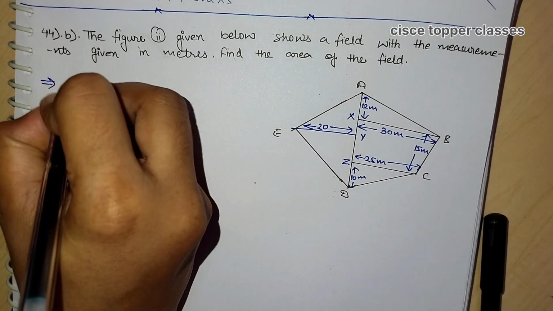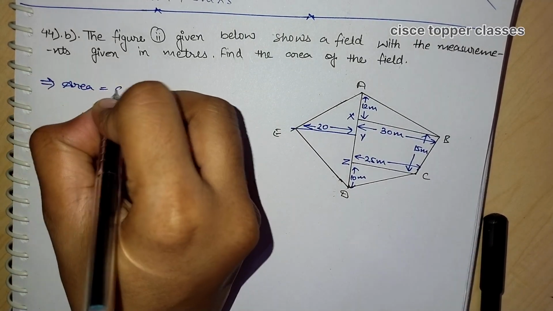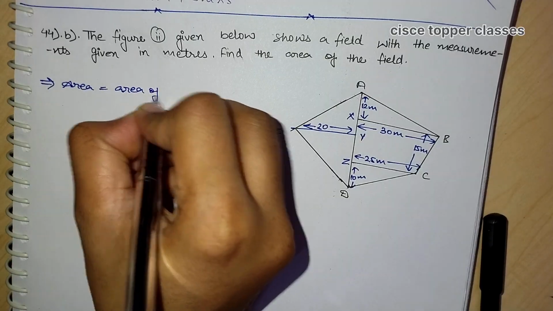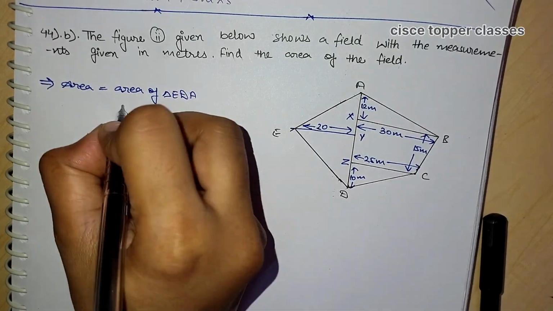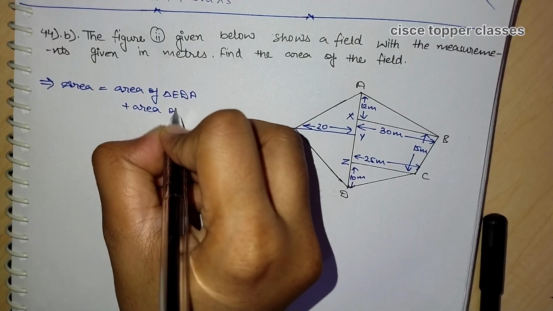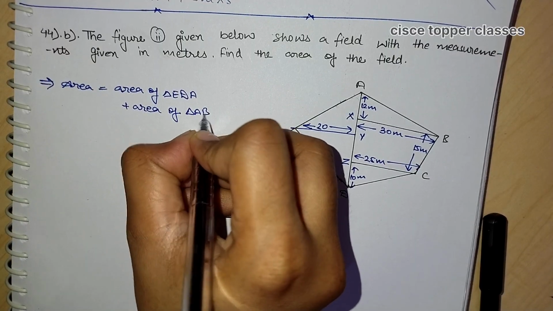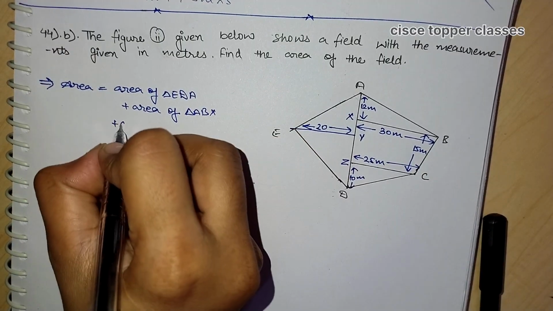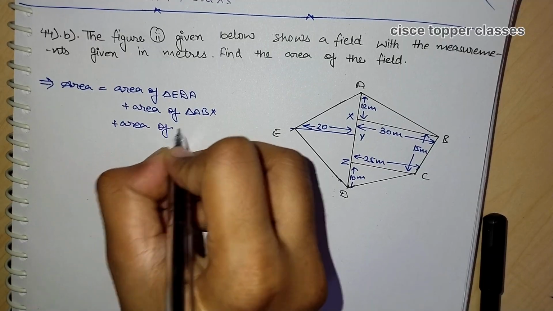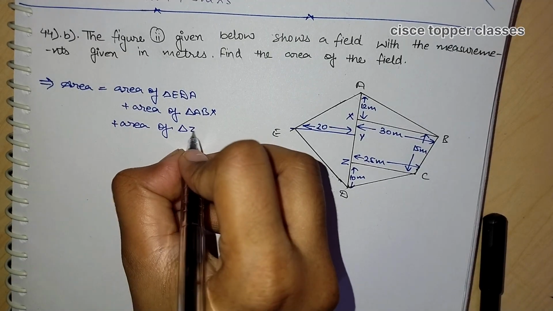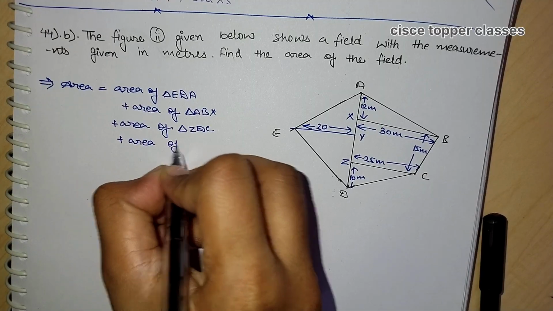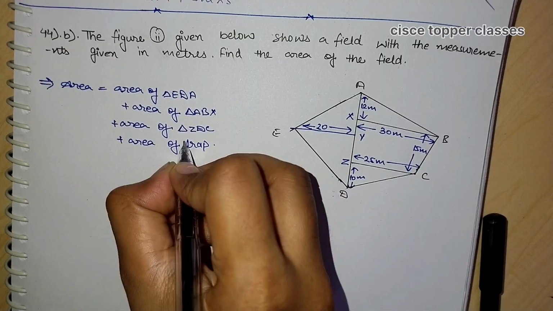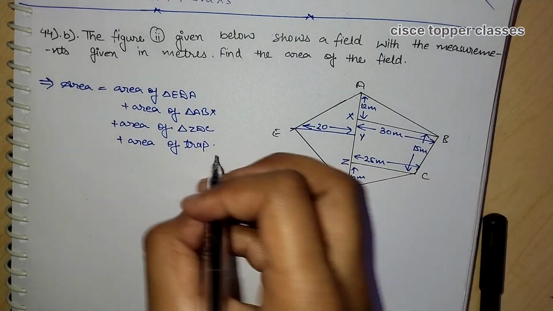So here the area will be, if we calculate, area of triangle EDA plus area of triangle ABX plus area of triangle ZDC plus area of trapezium XZBC.